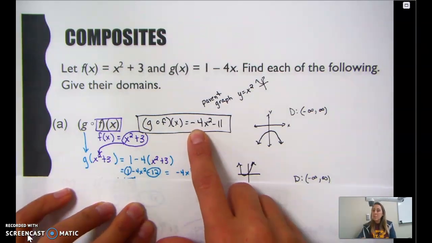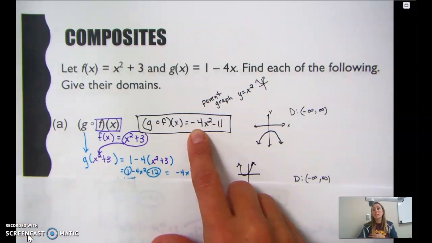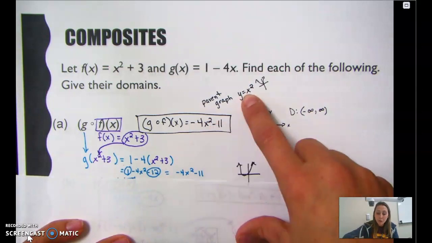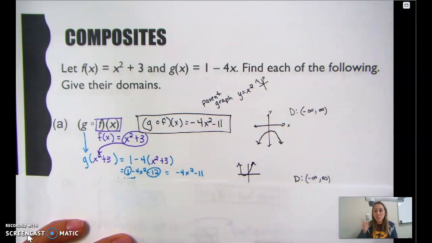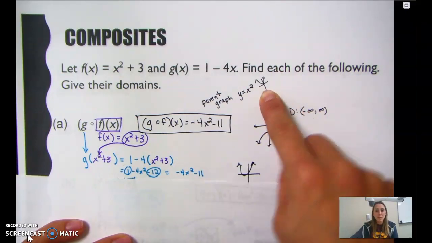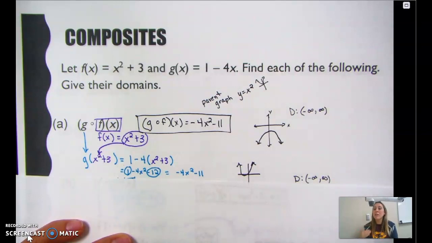Now to find the domain is a little bit different. We kind of have to think back about our transformations and our parent graphs. My parent graph for this one is going to be y equals x squared, which is just a parabola right here. And because of that, I know that I can figure out my domain for this one. Because all I'm worried about are what are the values that I can put in, or is there a value of x that will break this function?